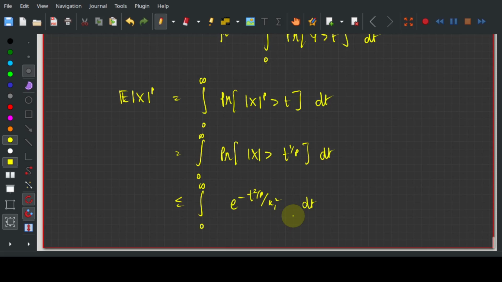There will be a multiple of two. Correct, there is a multiple. What can I do next? t to the 2 by p.